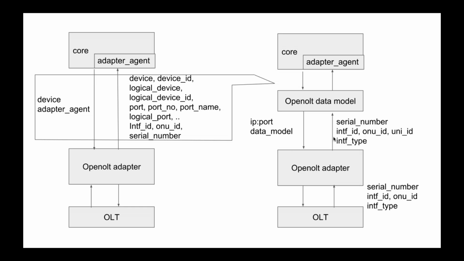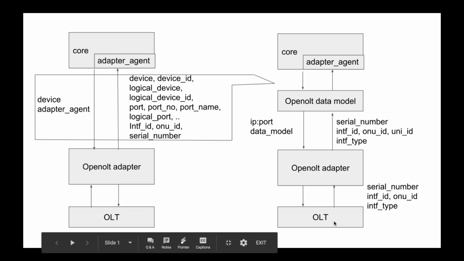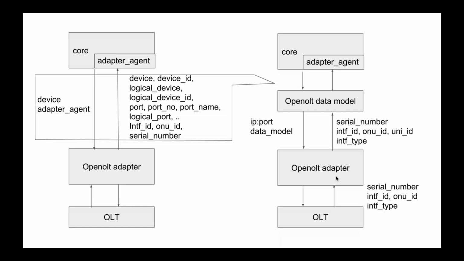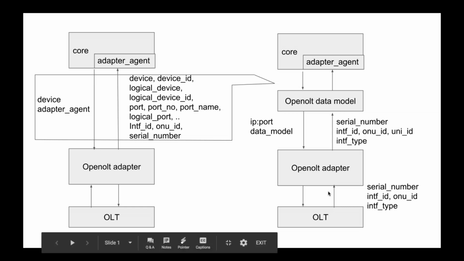Correct. And this interface that goes from the OpenOLT adapter to the data model, I'm trying to keep it more like an indications kind of thing. From the OLT to the adapter, this is a gRPC streaming interface, where the OLT sends indications to the adapter, like OLT operation up, down, ONU discovered, ONU activated, interface status, operator status indications.